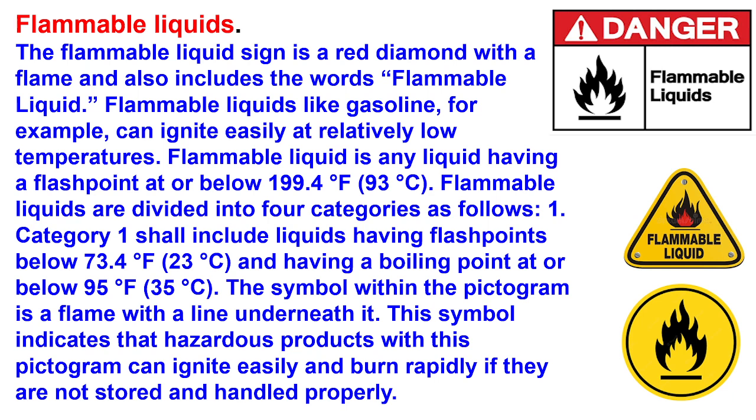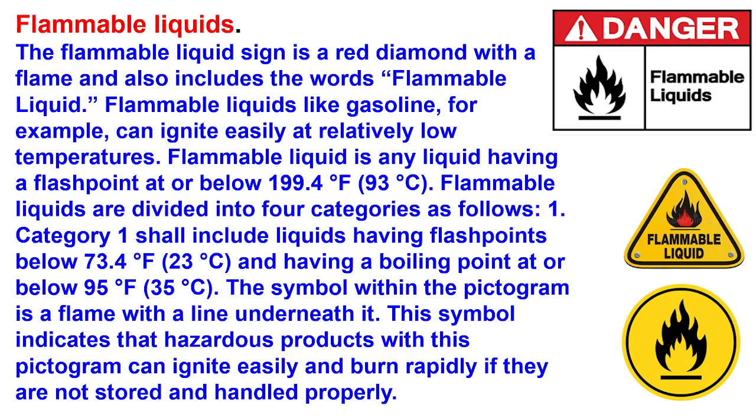Category 1 shall include liquids having flash points below 73.4 degrees Fahrenheit and having a boiling point at or below 95 degrees Fahrenheit. The symbol within the pictogram is a flame with a line underneath it. This symbol indicates that hazardous products with this pictogram can ignite easily and burn rapidly if they are not stored and handled properly.